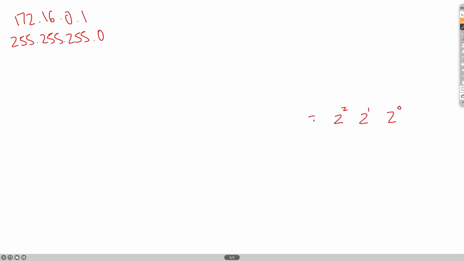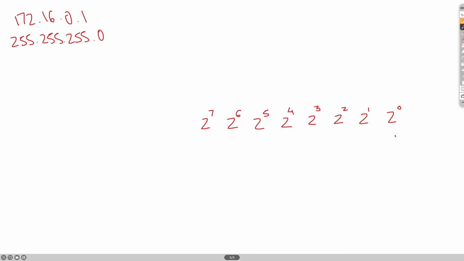If you remember the binary decimal conversion chart, that's what I'm going to explain here. But I've done that already in my last video. I'll provide a link up at the top.